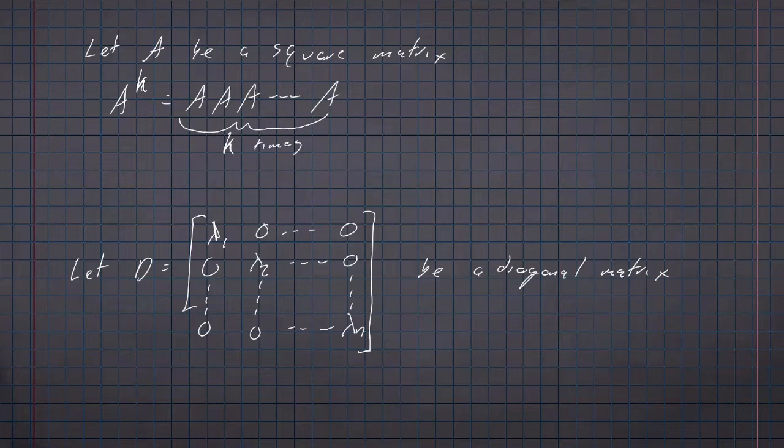And you'll see that I named the entries on the main diagonal with the Greek letter lowercase lambda. The reason we use lambda is going to be useful to us much later in the course, but for now, just a convenient notation. We'll call the entries on the diagonal of a diagonal matrix using the Greek letter lambda instead of having to use the double subscript that we normally use in a matrix. But those entries might not be zero, they might be zero. All the other entries definitely are zero.